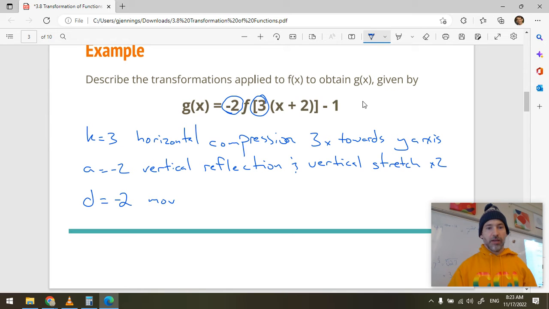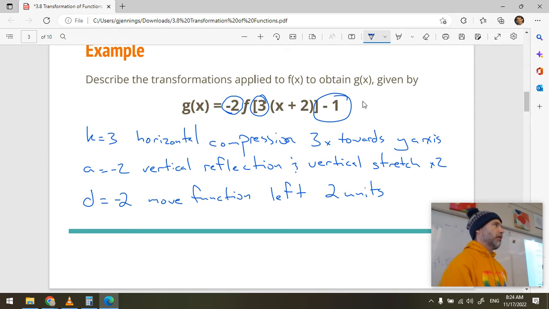Move the function left two units. Good. And then how about this last one? No one's talked about that number yet. c. What's it going to do? So c equals 1. Oh, minus 1, sorry. Move the whole function down.